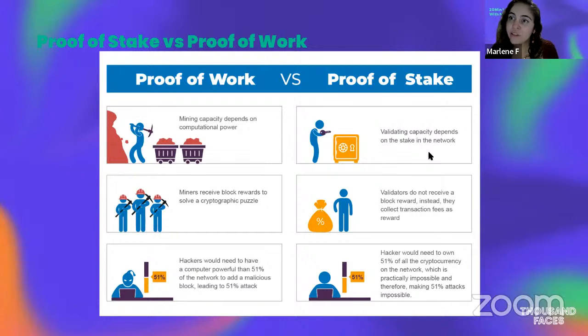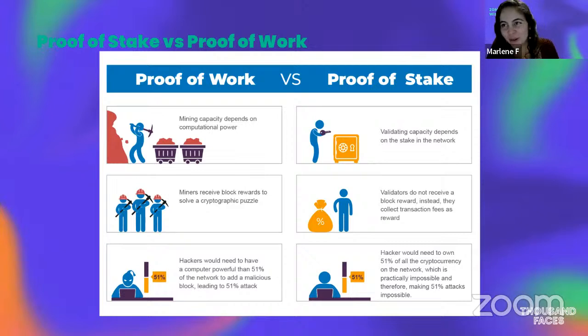So this is predefined before. The miners are trying to catch it. Proof of stake, it's predefined before. So in proof of work, the miners receive block rewards for solving a cryptographic puzzle. By using the hash to find the hash, they're kind of trying to find the lottery numbers.